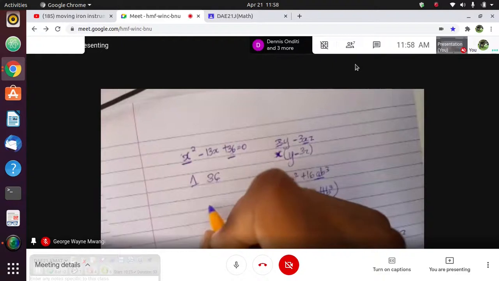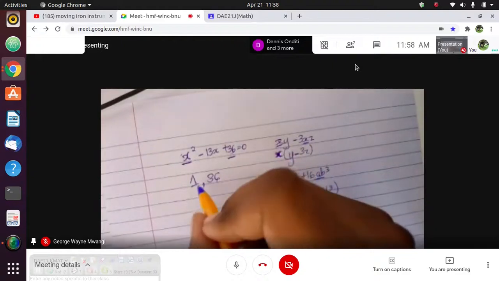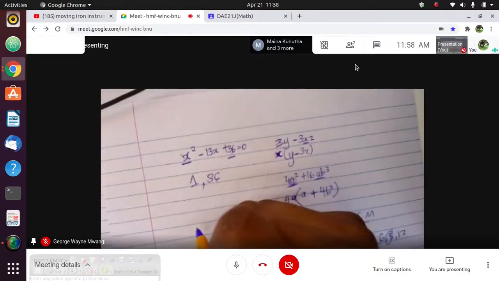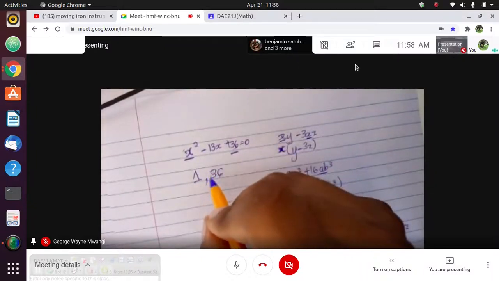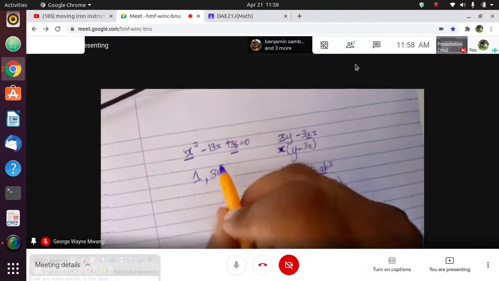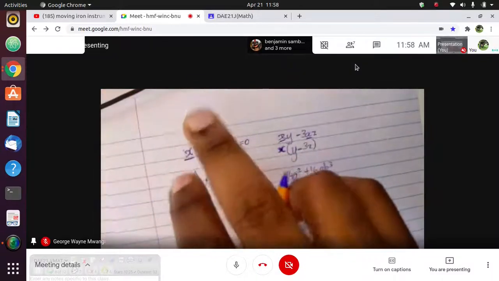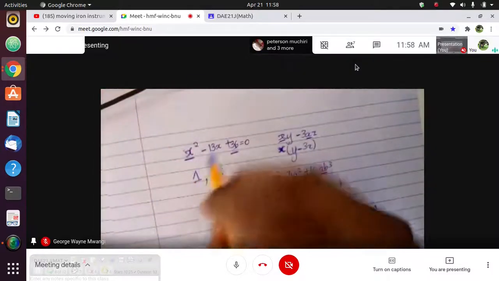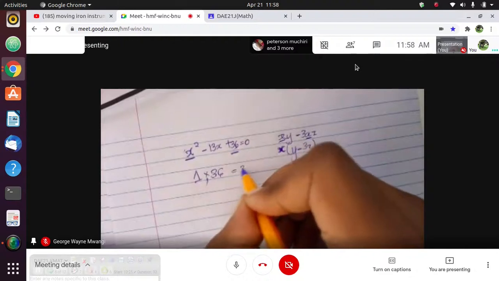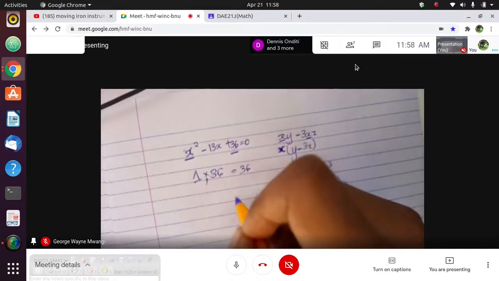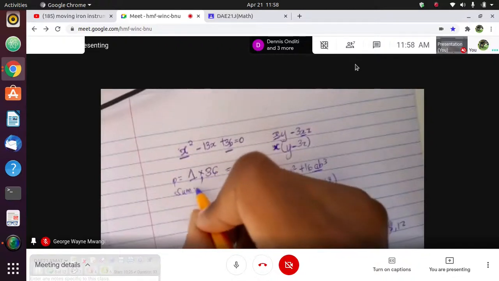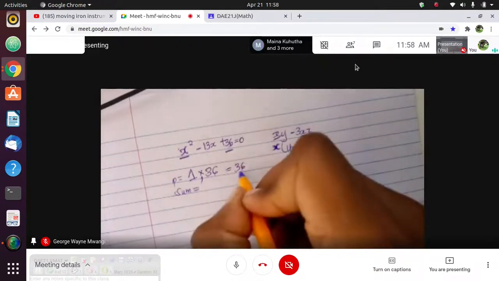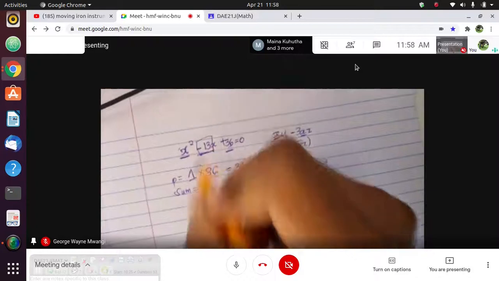Are we together? Now, how do I factorize a quadratic equation? I want to find factors, two numbers that I can multiply and get 36. Are we together? The product of those two numbers should be 36, and the sum of those two numbers should be minus 13.